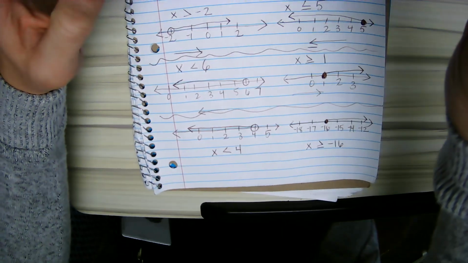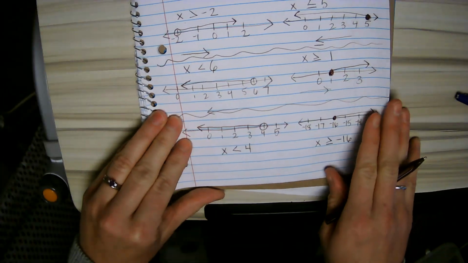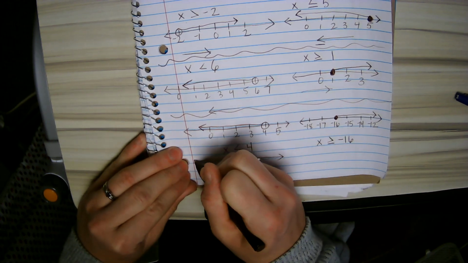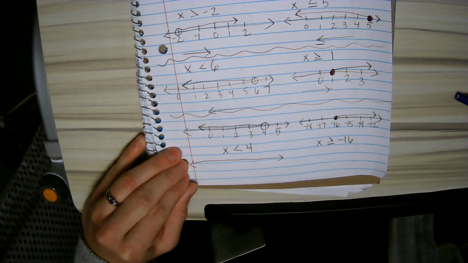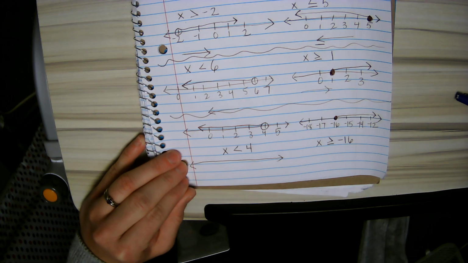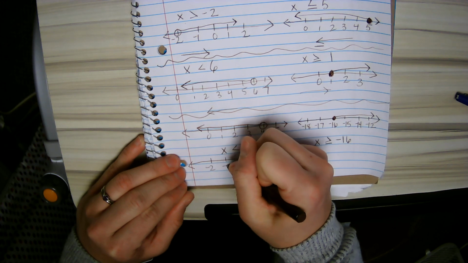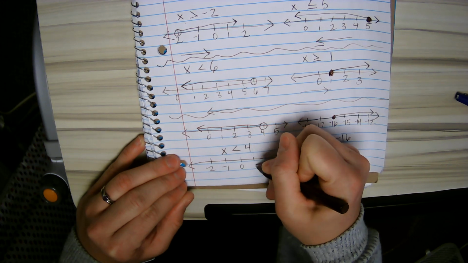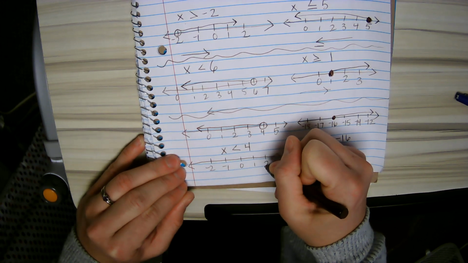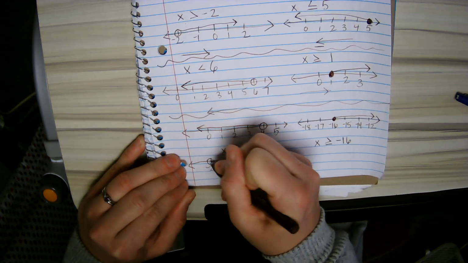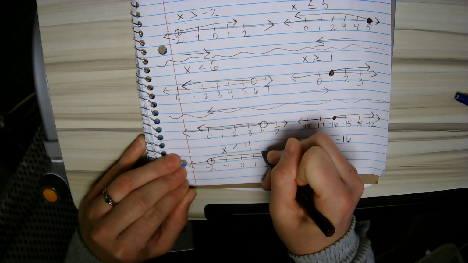You want to try maybe two more of the drawings. Let's do an open circle at negative 2 and to the right.